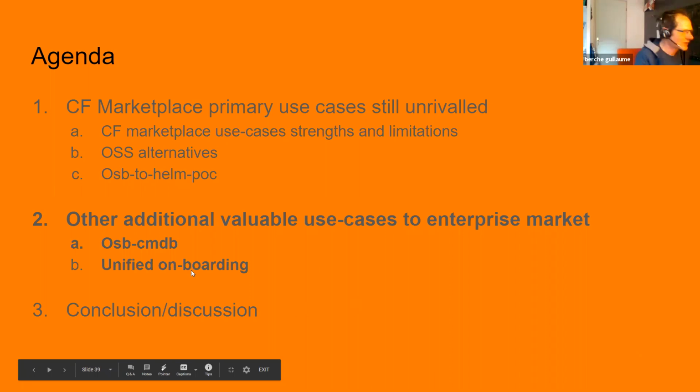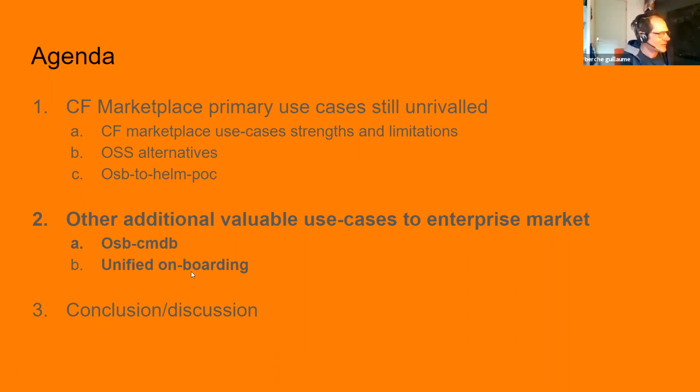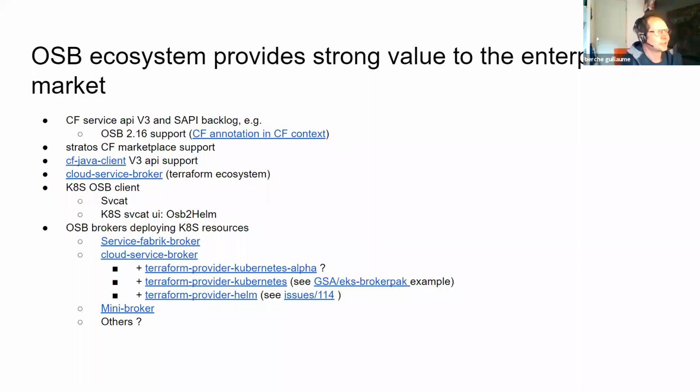So I'm about done for this second part, which was thoughts for now. And I'm quite interested to hear whether there are similar needs in other enterprises. That comes to my conclusion and the discussion I'd like to have with you. My feeling is that Cloud Foundry Marketplace and the OSB ecosystem provide strong value, and I'd like confirmation that it's also the case in the enterprise market.